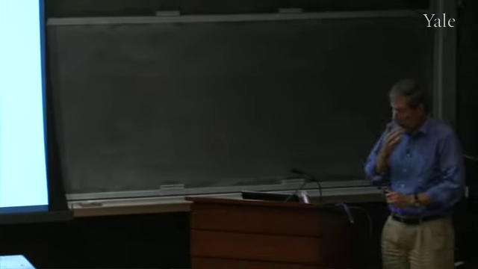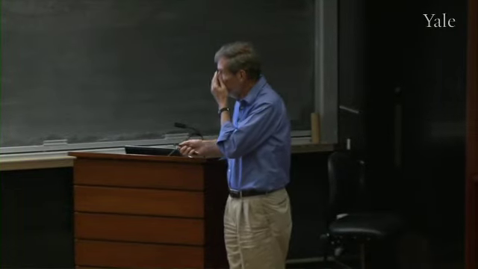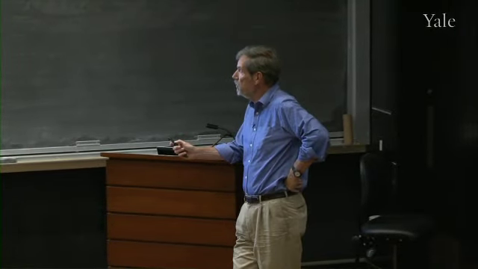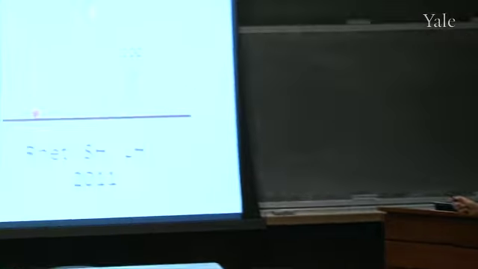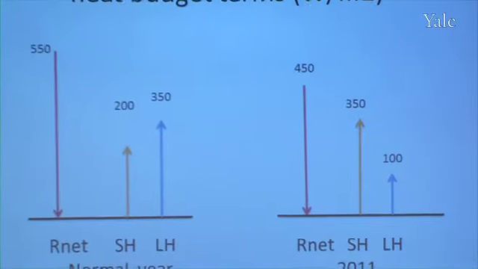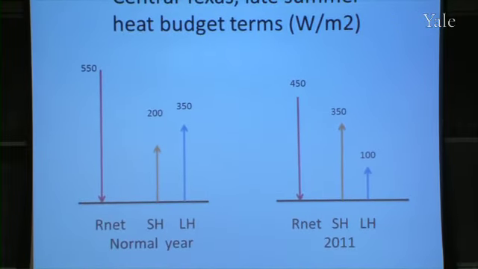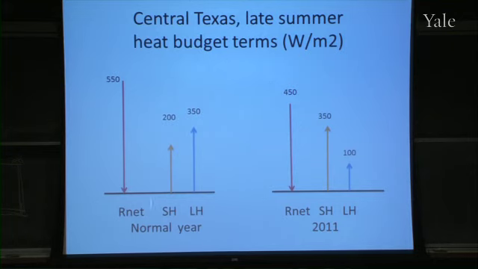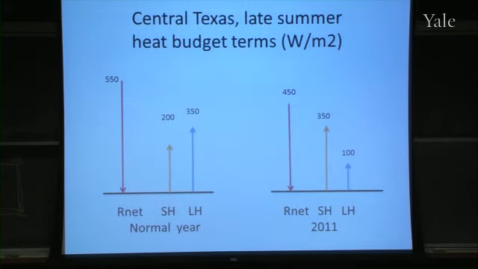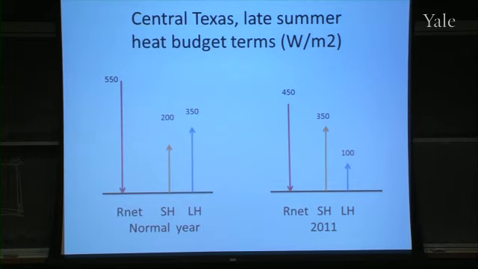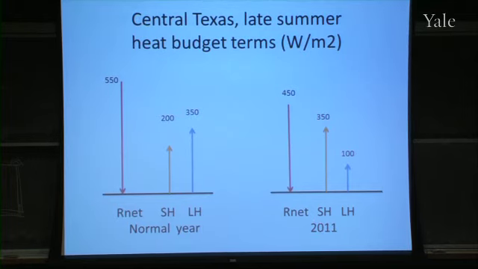So that basic idea is summarized here. I've summarized just for Central Texas late summer, simplifying all that down to this one little region, this one little time. Got two diagrams. This is the normal year, that is to say the average of the 10 years preceding 2011, and this is 2011.